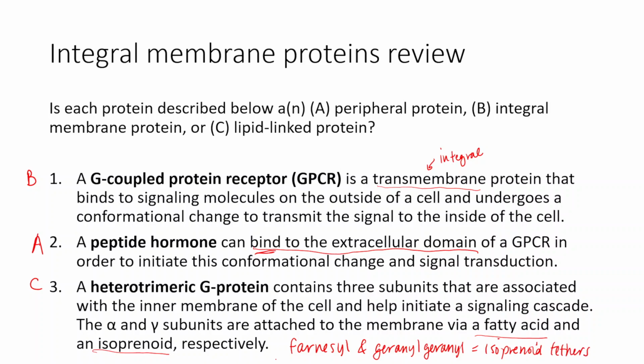And the types of fatty acids we'll see are usually myristate and palmitate, which I don't expect you to know, but it's interesting trivia. Let me write that a little neater in case you want to write that down.